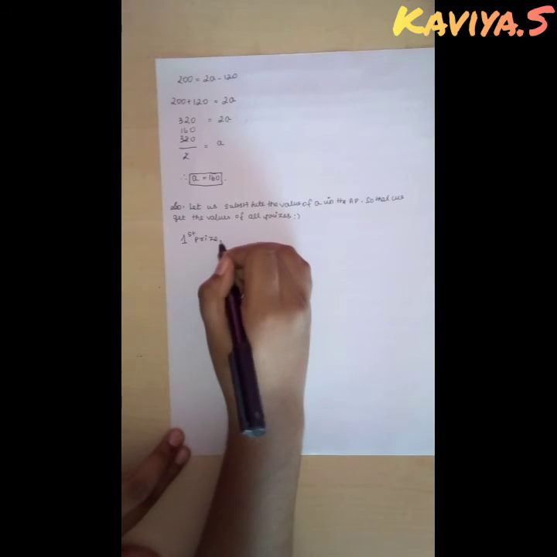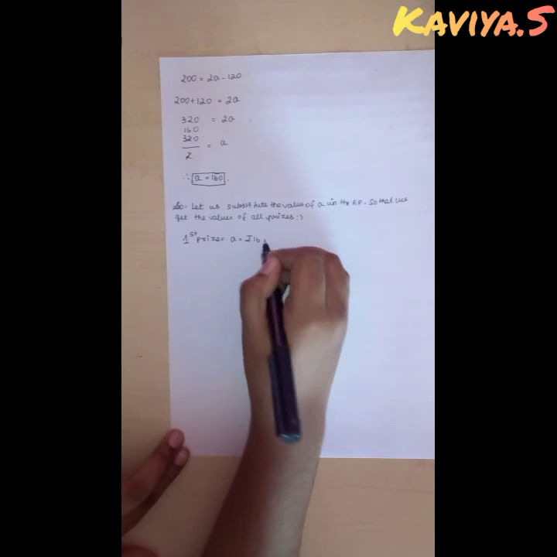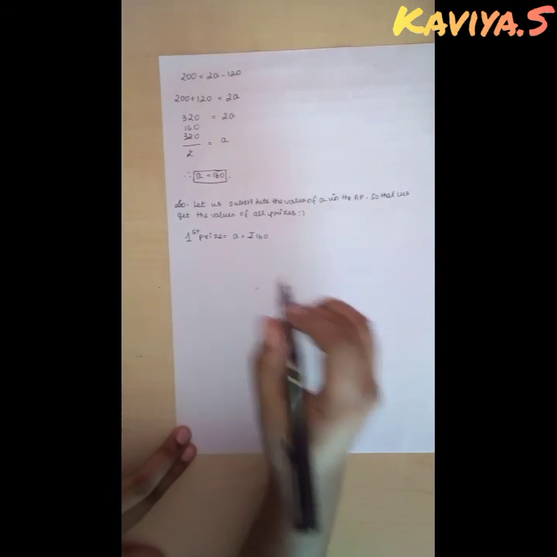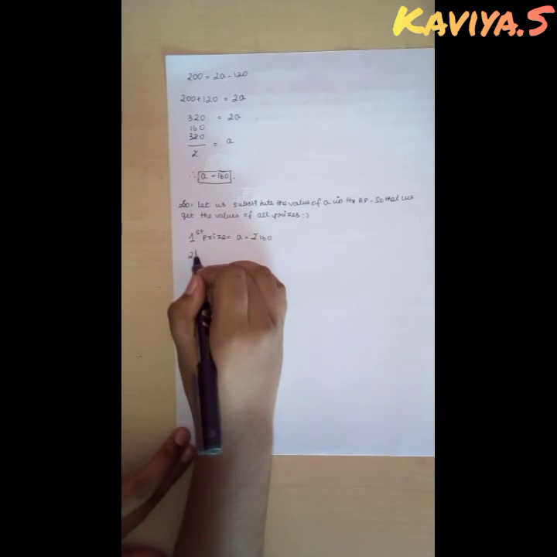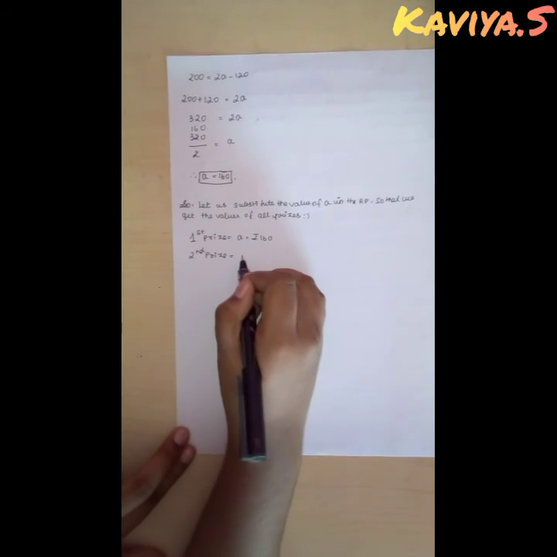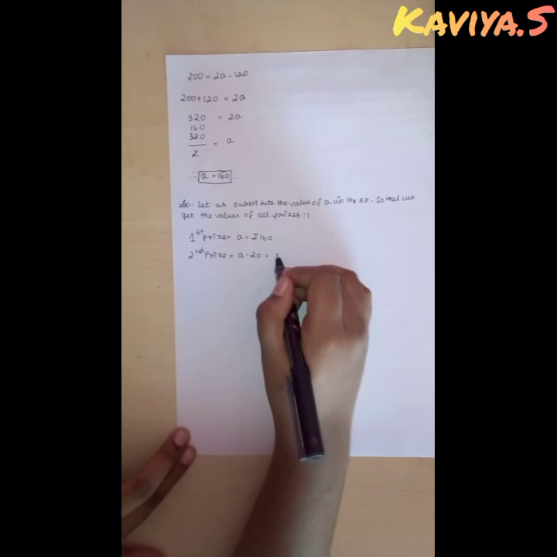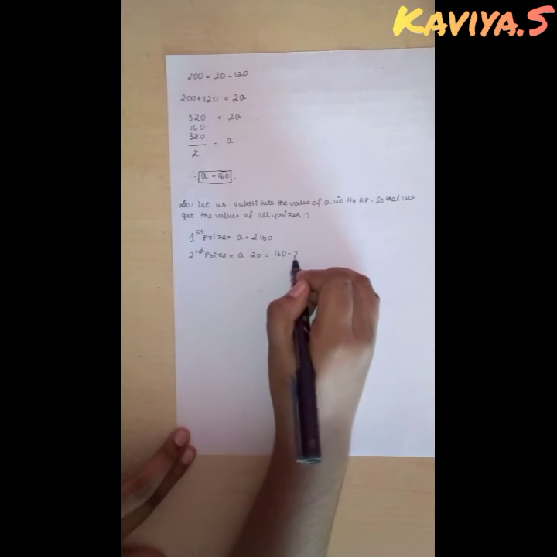So now let's find out the values. First price is equal to a. The value of a is 160, so first price is rupees 160. Second price, according to the AP, second term is a minus 20.